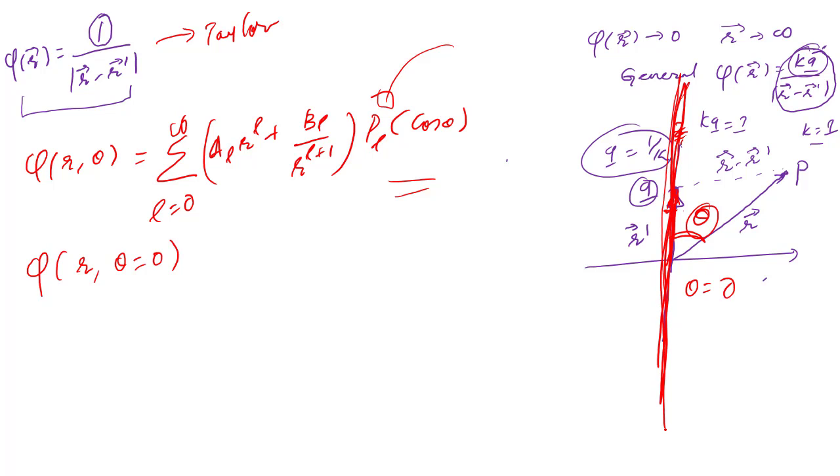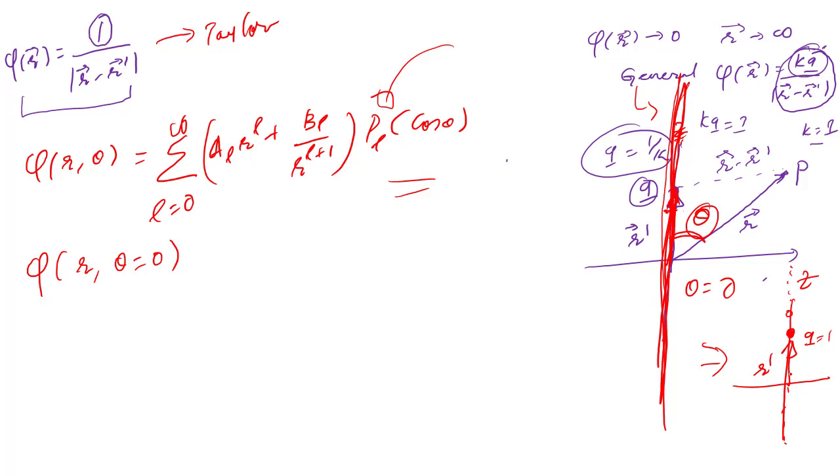For all the points along this axis, it becomes a one-dimensional problem, because if I redraw it, we have the z-axis, and I have some unit charge, let's say q equal to 1, at a distance r prime. And if I'm interested only in the potential along the z-axis, it's a simple one-dimensional problem, right?